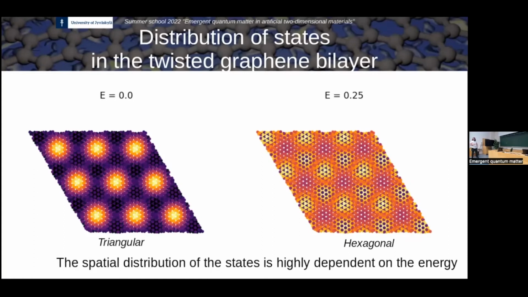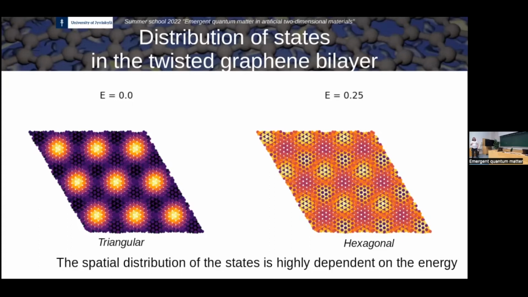But if you look at flat bands that appear at slightly higher energies, the states that you get actually form a hexagonal lattice. So at certain dopings, you are going to have a correlated state in a triangular lattice. At other dopings, you are going to have a correlated state in a hexagonal lattice.